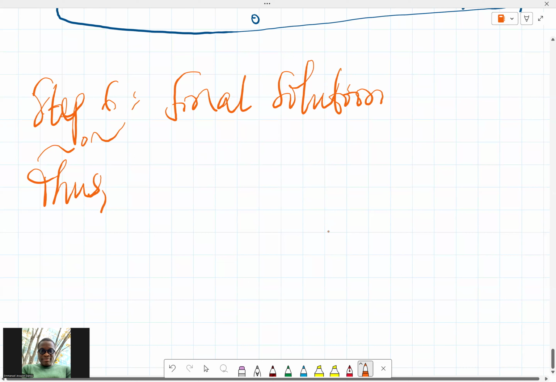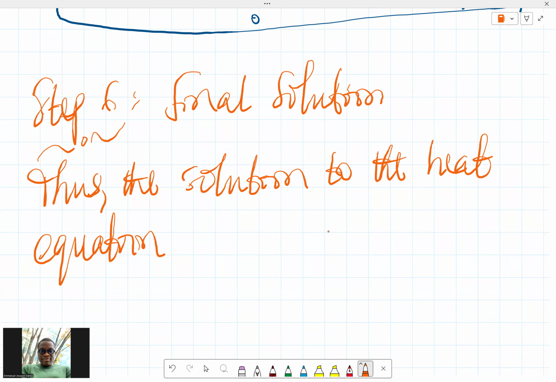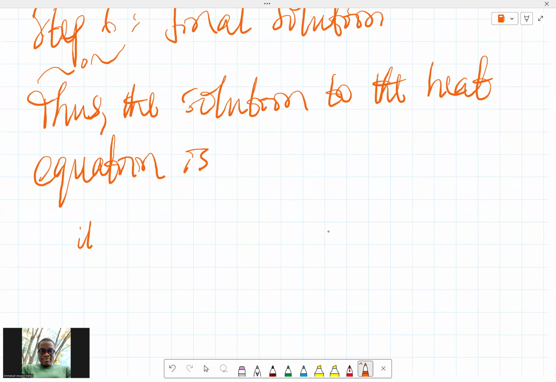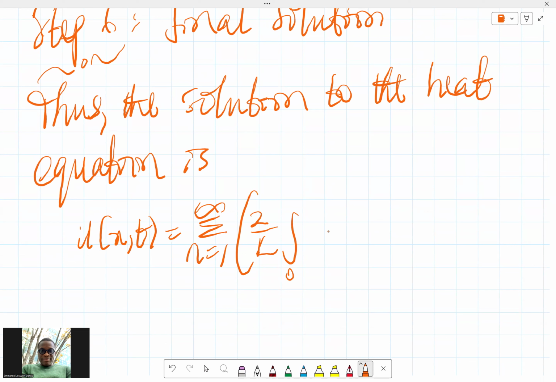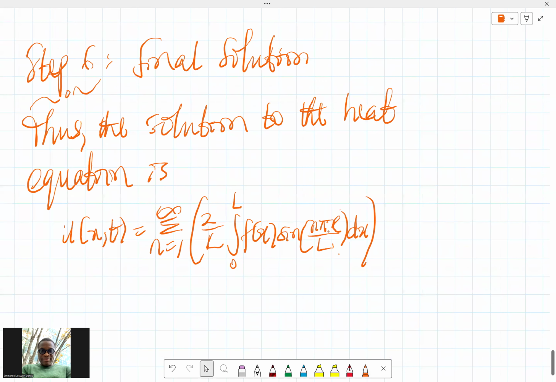So thus, the solution to the heat equation is u(x,t) equals the summation from n equals 1 to infinity of 2 over L integral from 0 to L f(x) sine(n pi x / L) dx, all of this multiplied by e raised to the power minus (n pi / L) all squared multiplied by t, times sine(n pi x / L).